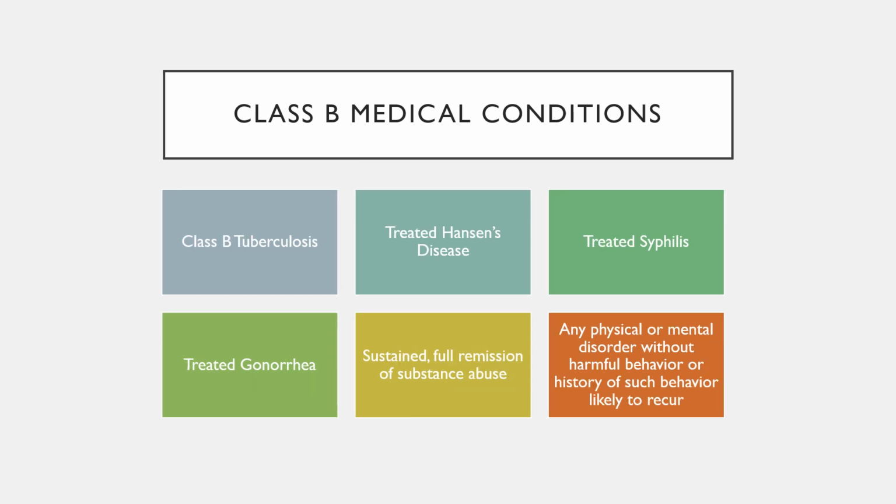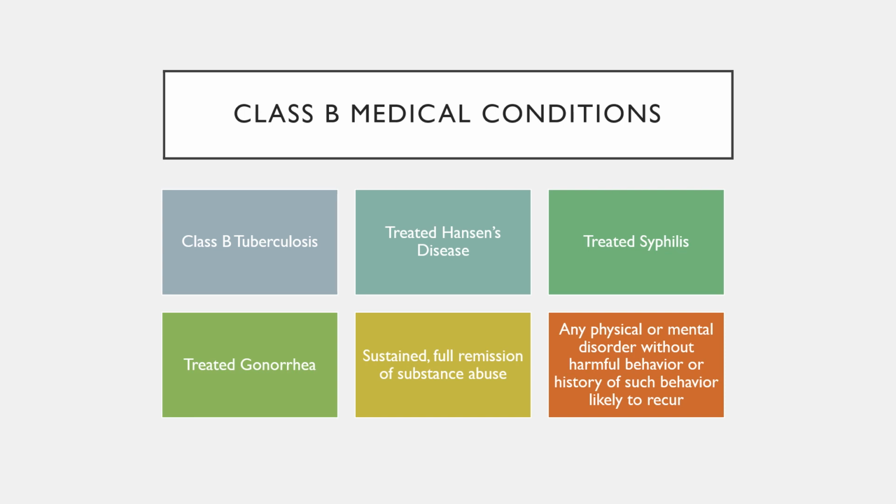So let's move on to look at what Class B medical conditions are. Like I mentioned before, these are the illnesses to look for in medical records as a starting point for determining whether a case is complex.